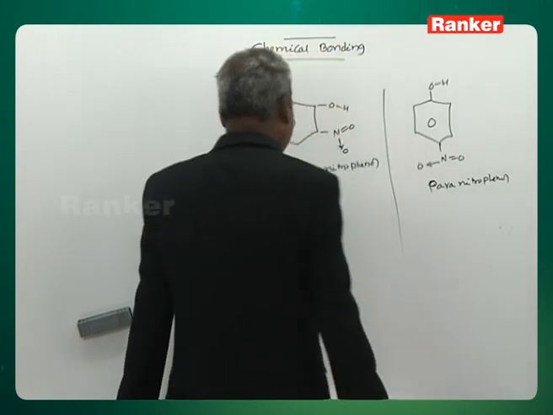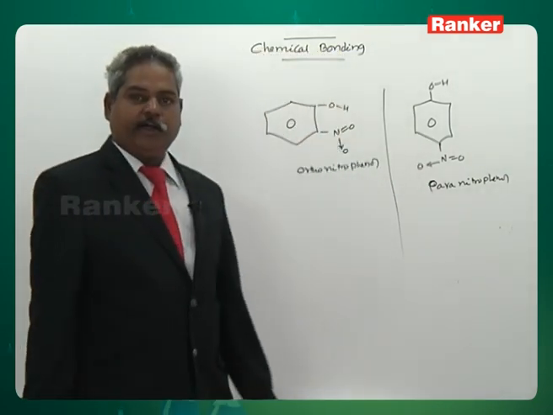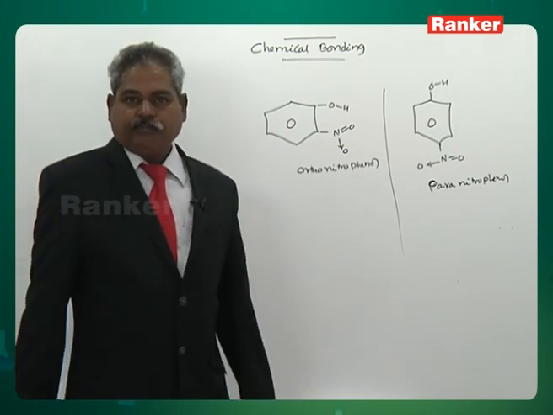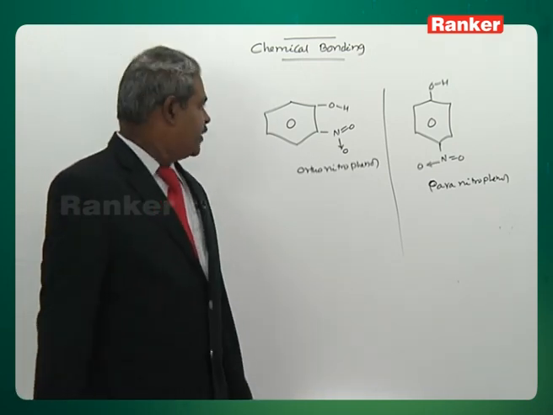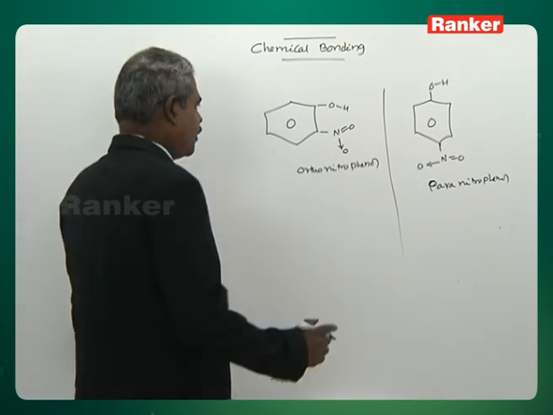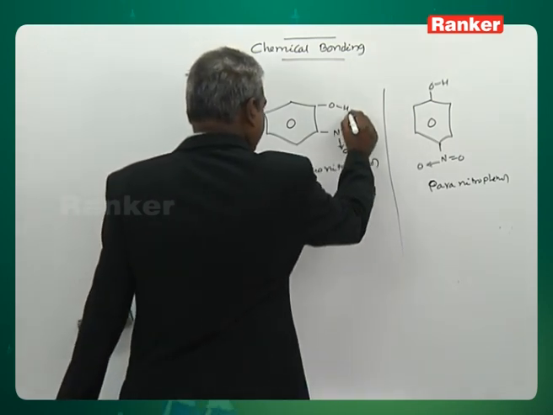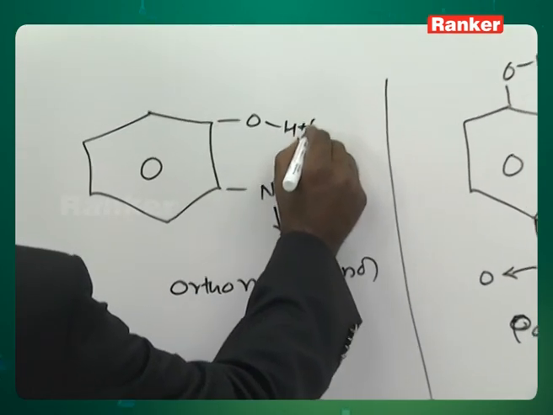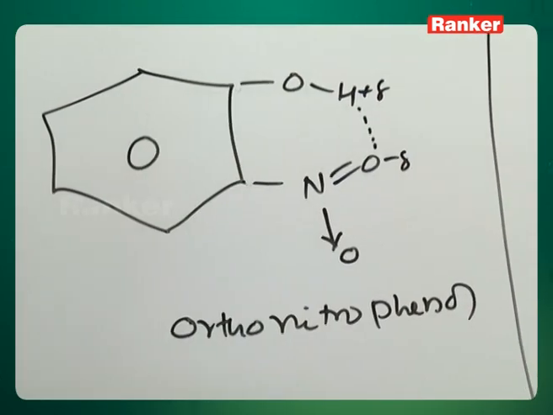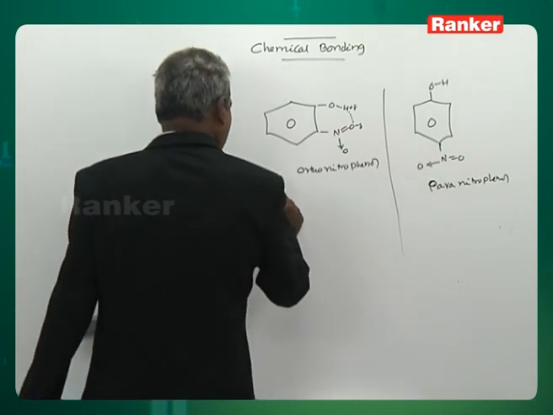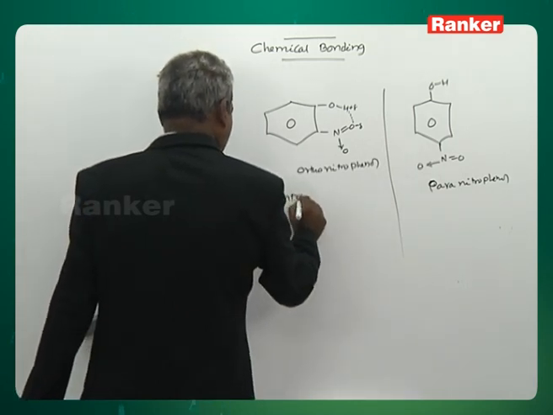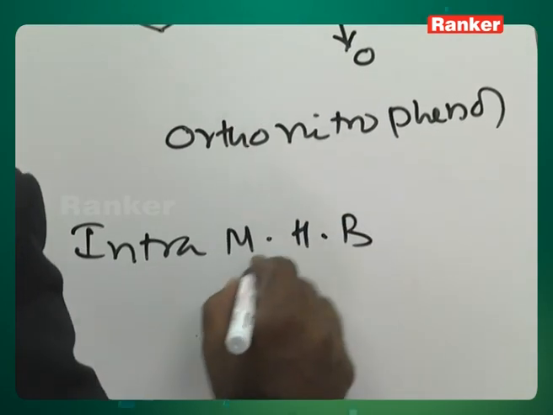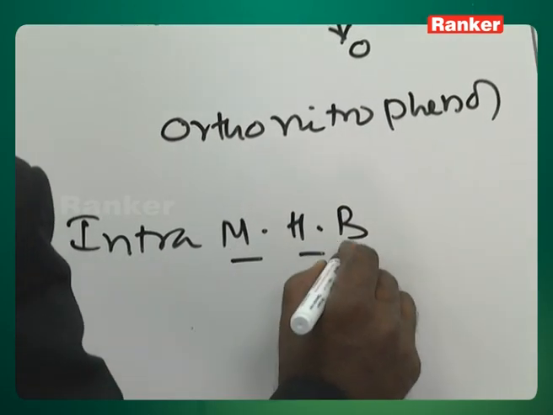Look here. Whose boiling point is more? Both of them have the same formula, both have the same molecular weight, but here you have attraction between these two, H plus delta and O minus delta. This is called intramolecular hydrogen bond.